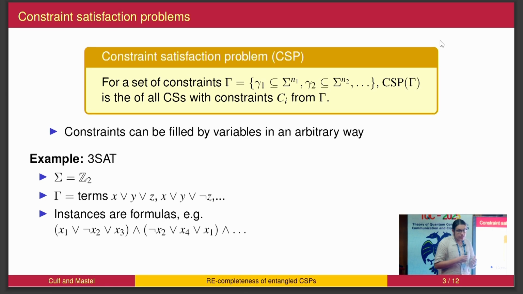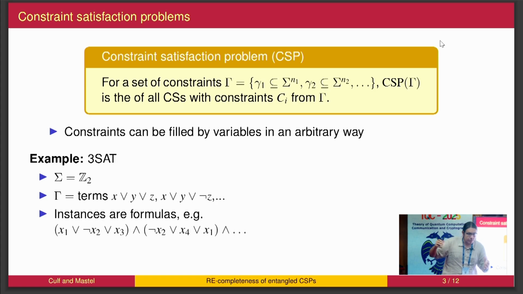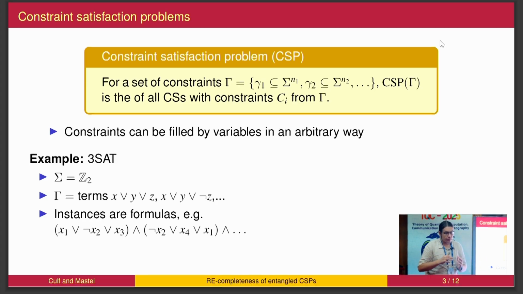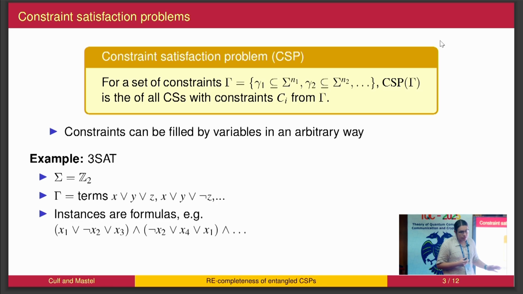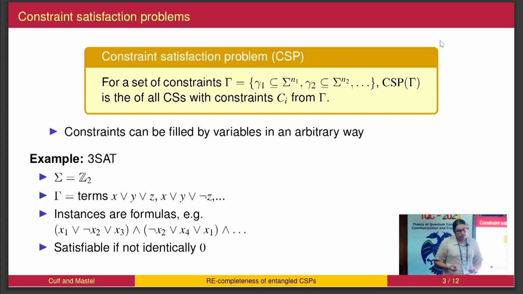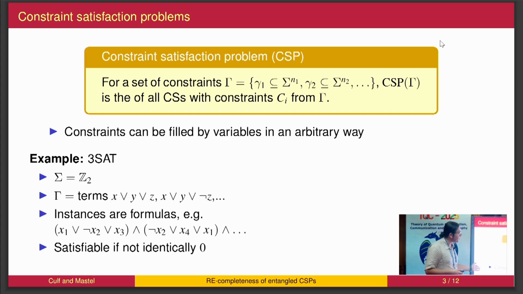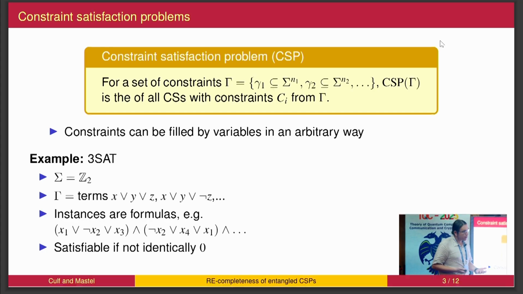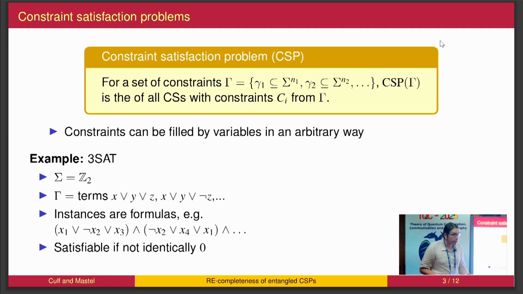And if you want all the constraints to be satisfied at the same time, you're looking for the satisfiability of the formula. There's just the conjunction of all of these terms, and then there is a satisfying assignment if this formula is not identically zero. So this is just the way to express this as a CSP problem.